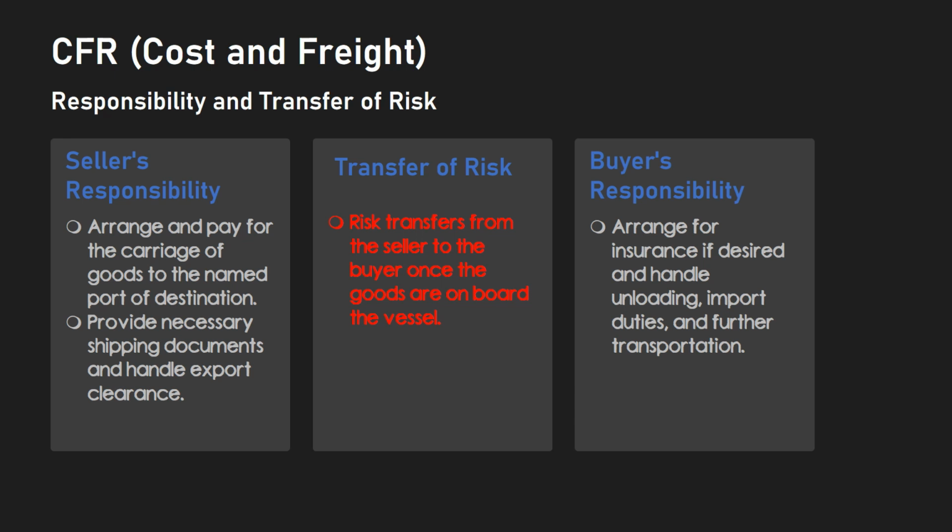However, the transfer of risk happens at a different point. The risk transfers from the seller to the buyer once the goods are on board the vessel at the port of origin. From that point forward, the buyer takes on the responsibility to bear the risk of loss or damage during transit and arrange for insurance if desired, and manage the unloading of goods, import duties, and any further transportation needed.